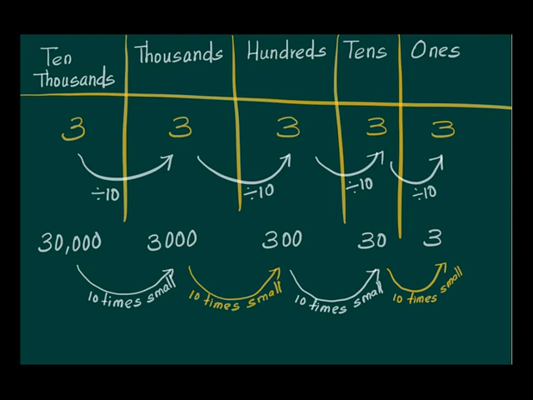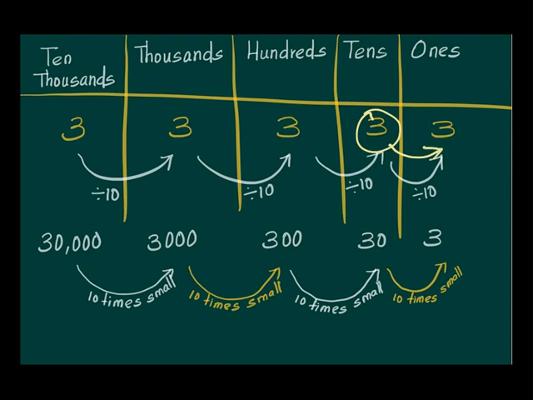Again, when we divide the 3 in the thousands place by 10, it goes to the next column and it becomes 100. Again, when we divide the 3 in the hundreds place by 10, it goes to the next column and becomes 10. Again, when we divide the 3 in the tens place by 10, it goes to the next column and becomes 1.